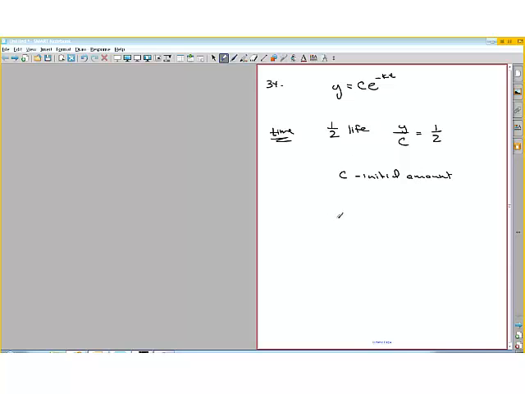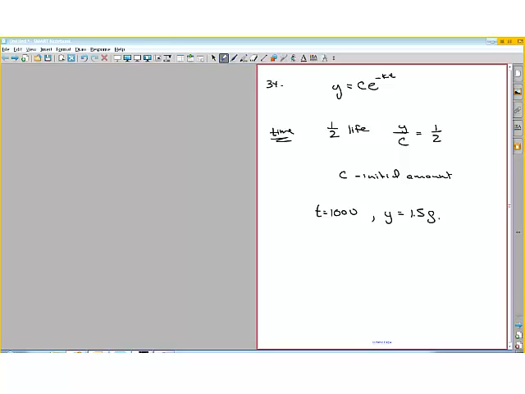So in problem number 34, we have that the half-life is equal to 1,599 years, and we have the initial quantity. Actually, we don't know the initial quantity. We have the amount after 1,000 years. So when t equals 1,000, we know that y is equal to 1.5 grams.